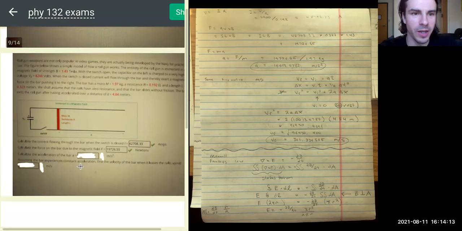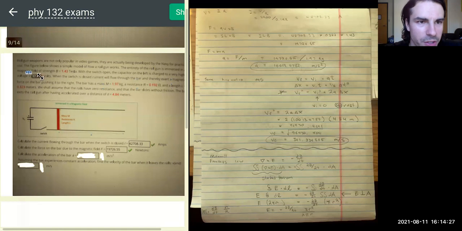Okay. What you did in the first one was you used V equals IR because the bar that's being shot has a resistance. So you knew the voltage applied, and you did Ohm's law, rewritten for the current, and got the correct current.